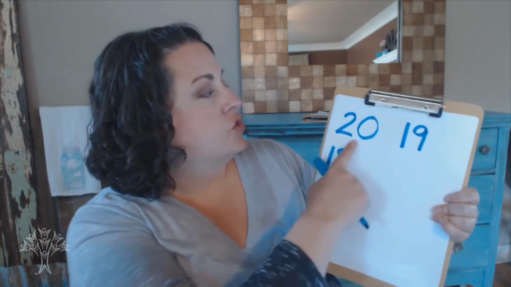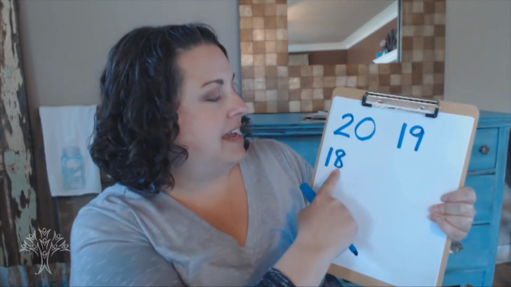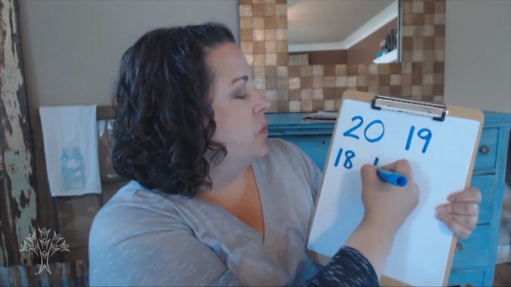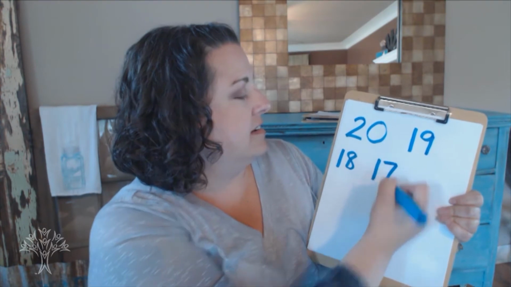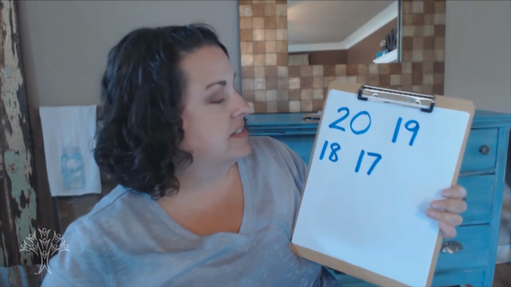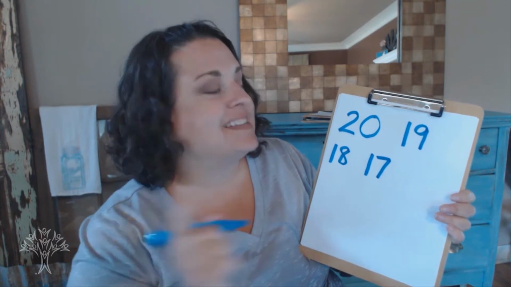We're counting backwards. What number would come next? 20, 19, 18, 17. I'm going to write 17. Now you write 17. What number is 1 less than 17? 16.